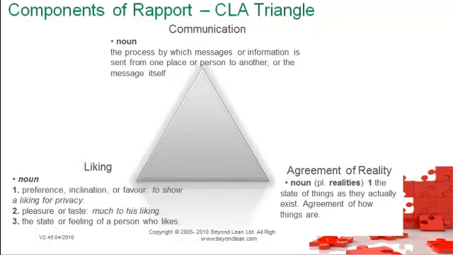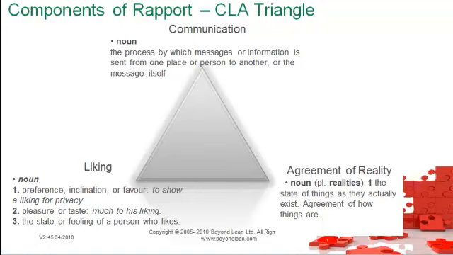So, finding something in common. Finding out if they have an interest similar to yours, or if you can just get agreement on something, it's a good starting point. That will then open the way for communication, which then raises the degree of liking. You cannot raise one point of this triangle without simultaneously raising the other two.